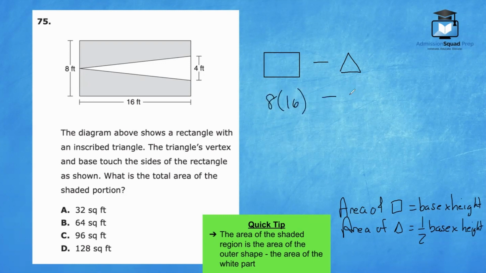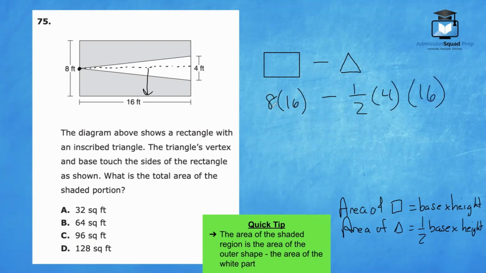And the area of the triangle will be 1/2 times the base, which is 4, times the height of the triangle. This is actually the height of the triangle right here, going from the base all the way to the vertex. So that line segment is going to be 16 feet because it's equivalent to the line segment right here at the bottom. So we will have 1/2 times 4 times 16.